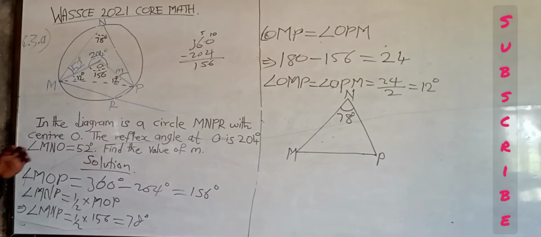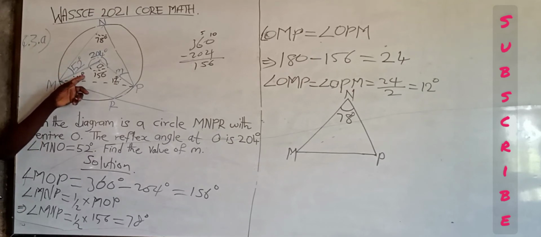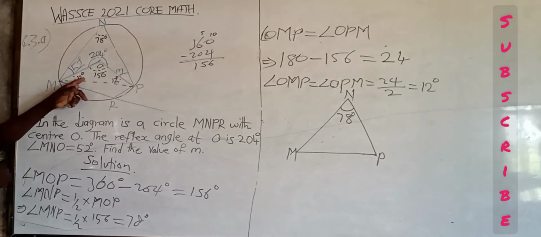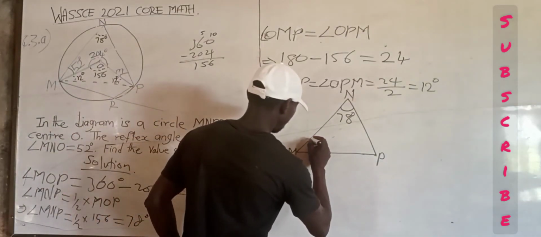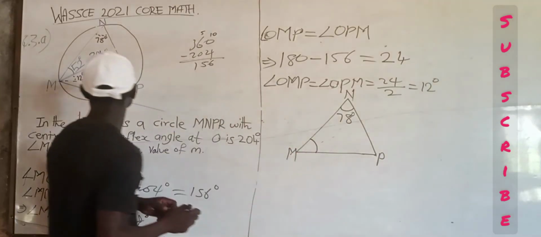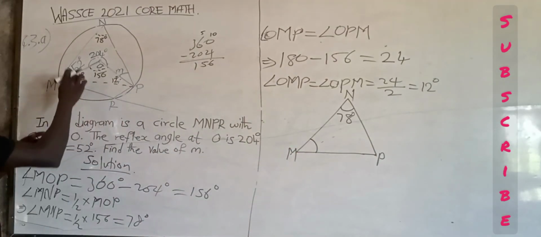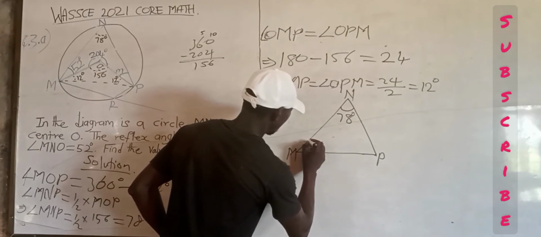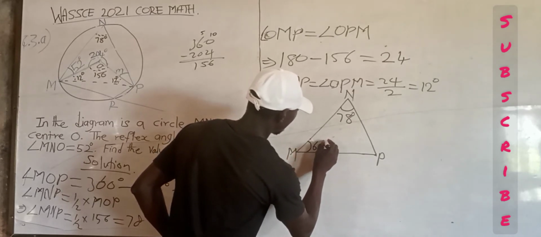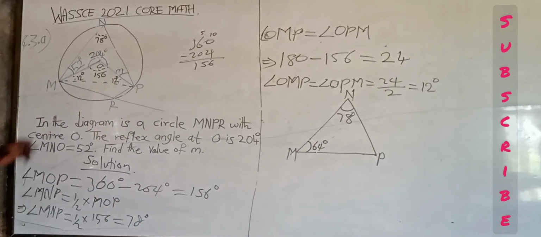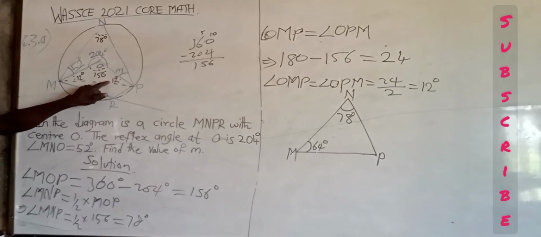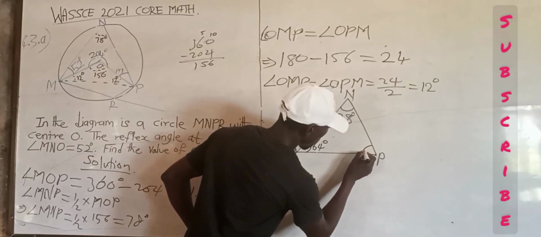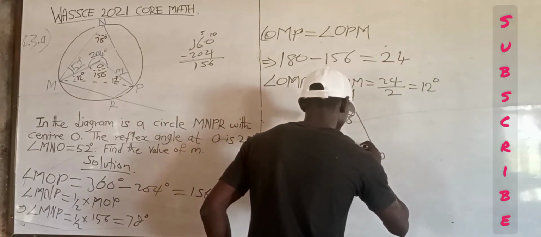That is going to be 52 plus 12, which will give us 64 degrees. And here we have 12 and M.